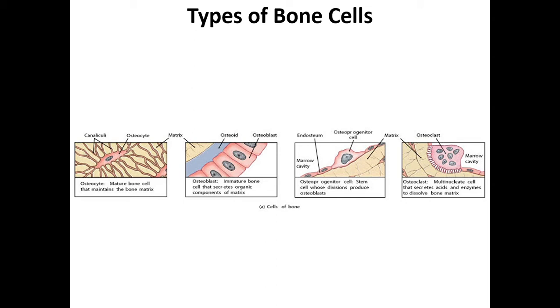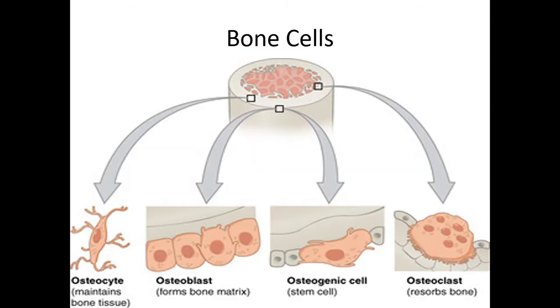So these four types of bone cells originate from the precursor cells we call osteoprogenitor cells. So we have here osteocytes, osteoblasts, and the osteoprogenitor cells, which we sometimes refer to as osteogenic cells. They have the capacity to form osteoblasts or unite to form the osteoclasts.